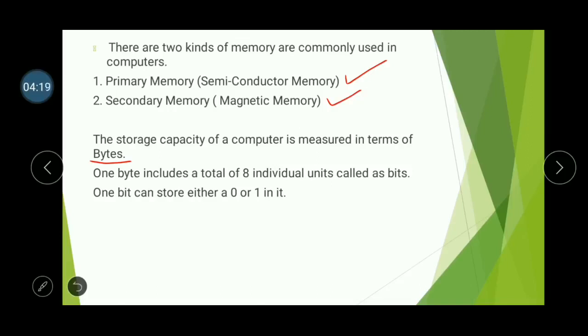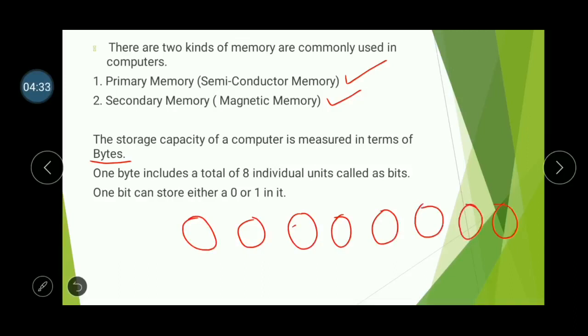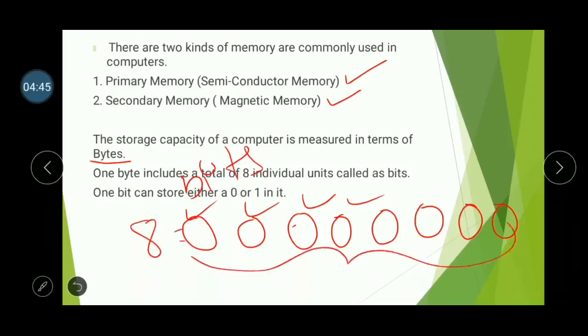1 byte includes a total of 8 individual units. That means 1, 2, 3, 4, 5, 6, 7, 8. All these individual units are called bits, and 8 bits is equal to 1 byte. So what does byte mean?